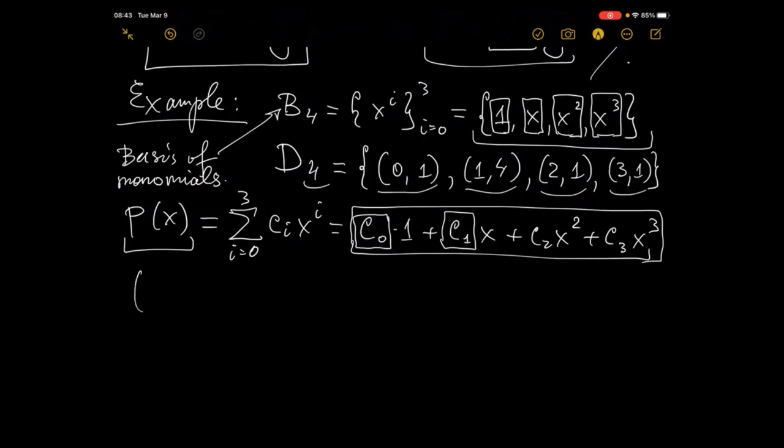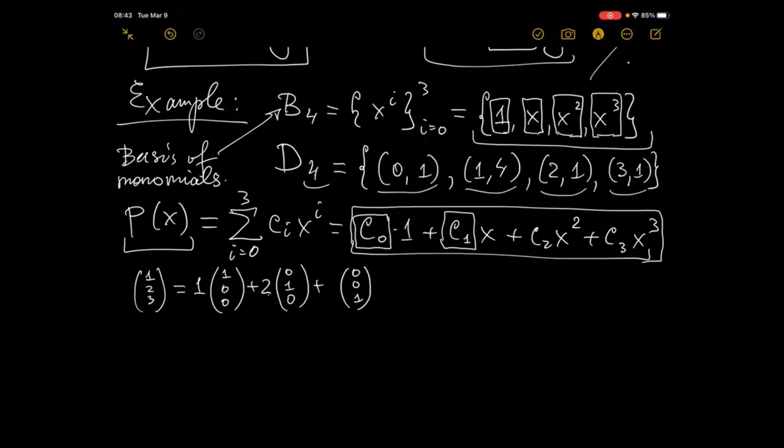Just let me remind you. For example, we have 1, 2, 3 in 3-dimensional space. The natural basis for the 3-dimensional space is the following. Could you tell me what will be the coefficient here? 1. Right. Here? 2.